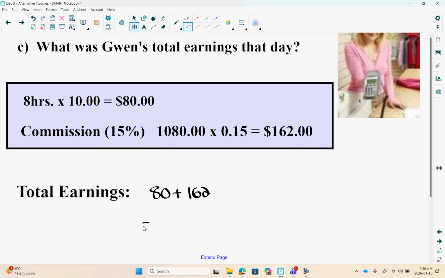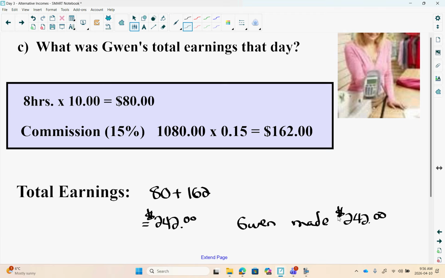And what's that give me? $242. And it's dollars. And I would say Gwen has gross earnings, or made $242 on that day, which is great. Okay.